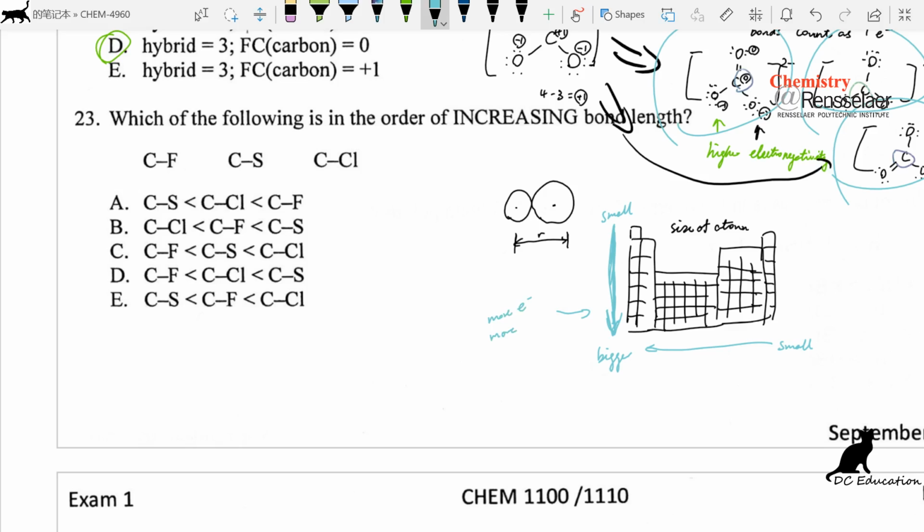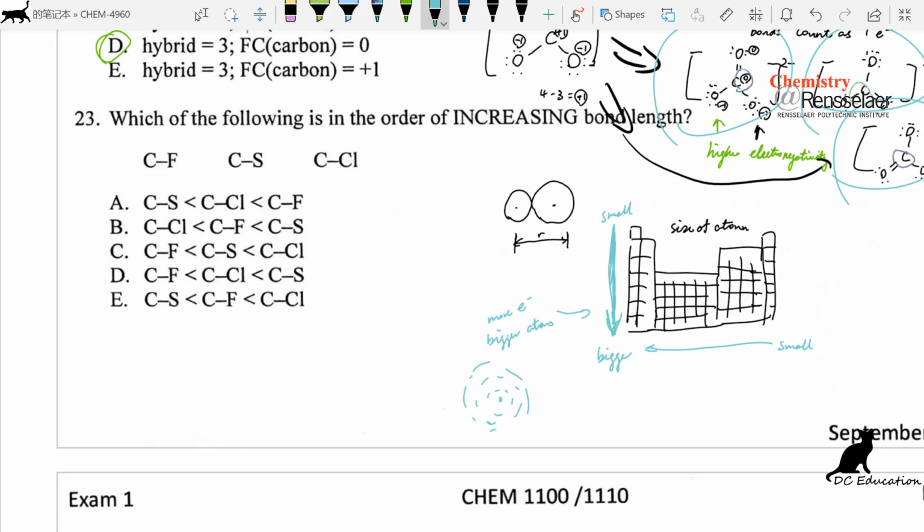So they're generally bigger atoms, just bigger by nature. They have more stuff going on around them.